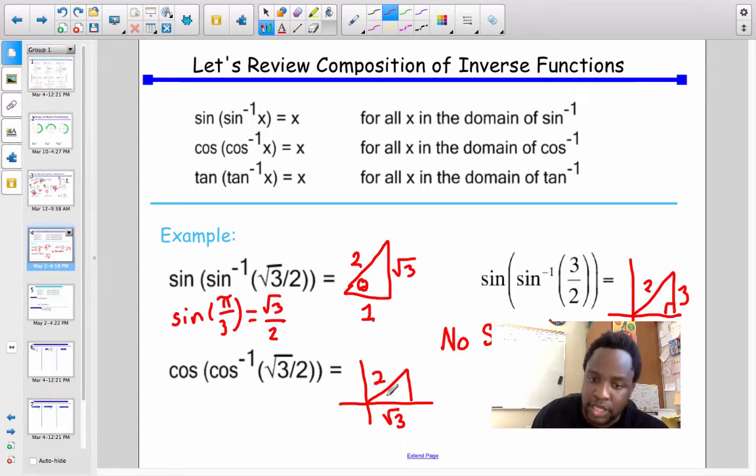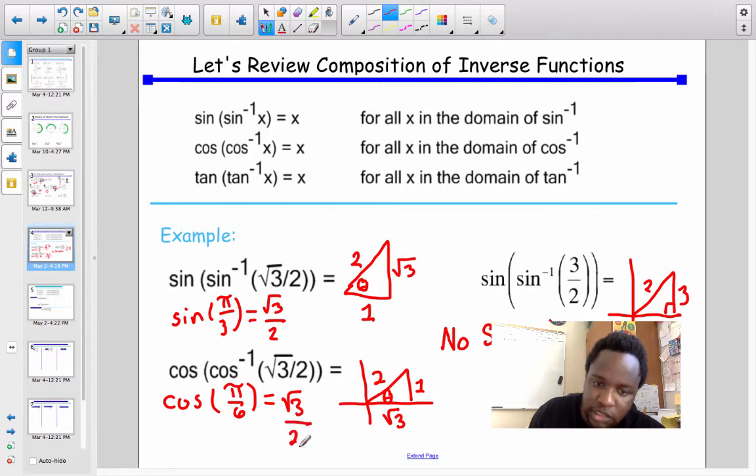And so this theta is going to be pi over 6. So cosine of pi over 6, and cosine of pi over 6 is square root 3 over 2. Because this was in the domain of inverse cosine, this works out very nicely.